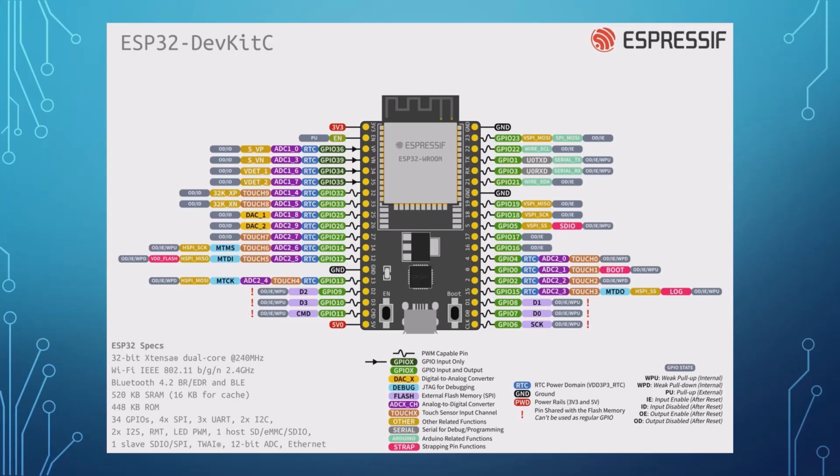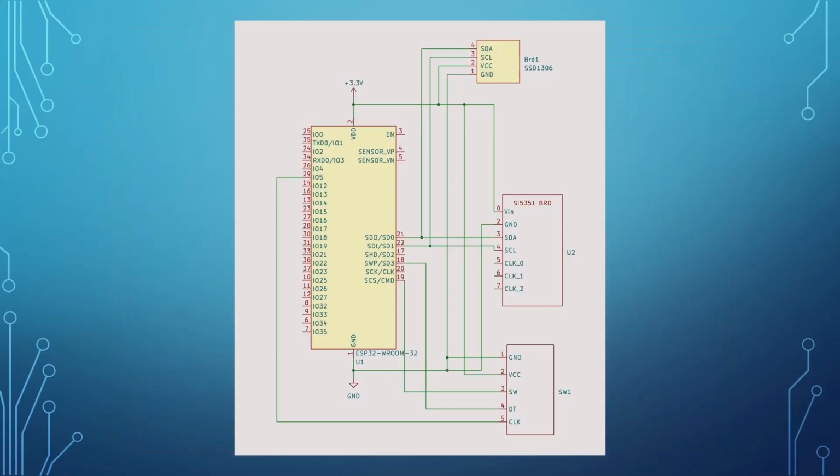I also updated our schematic to show how the connections are made, and I corrected it so that the pins for the display are correct as well. As you can see at the bottom right, SW1 is our rotary encoder switch.